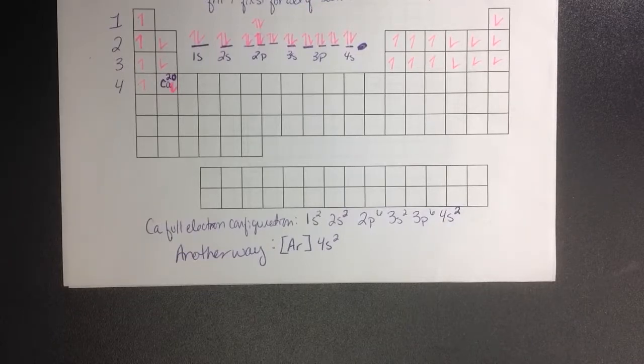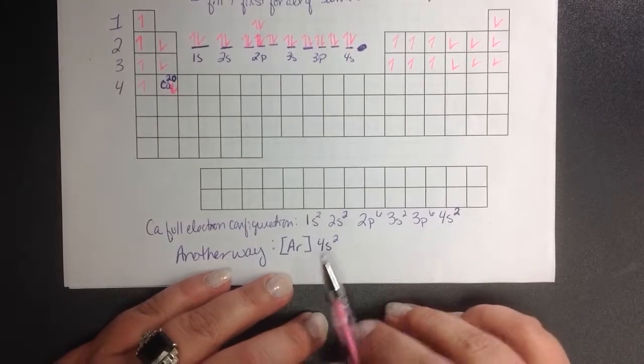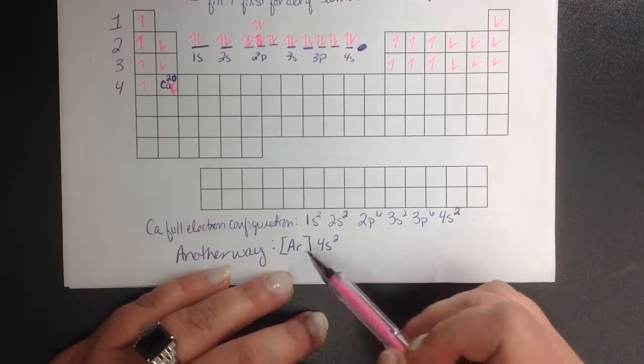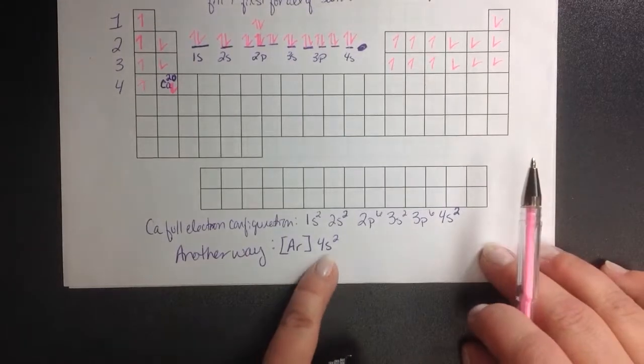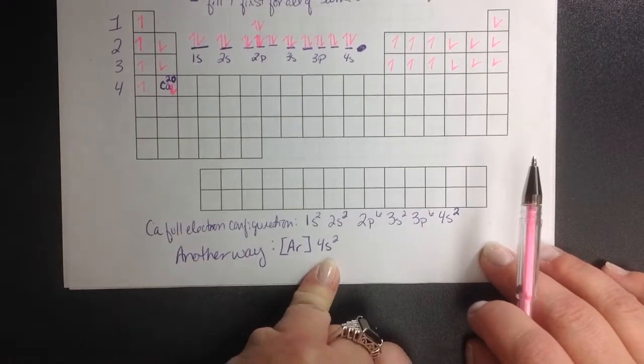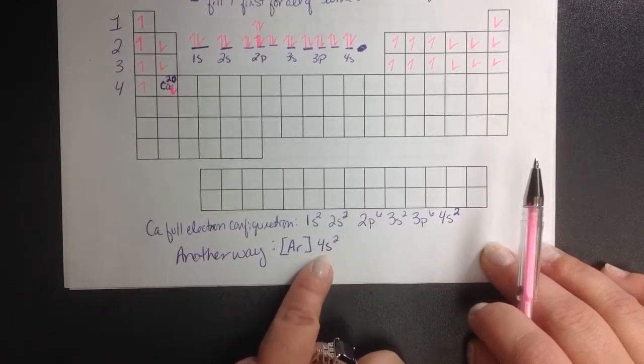Now the last way to represent this is with electron dots, or Lewis dots. This kind of gives us a little preview, because see how this is Ar? Everything is complete up to that point. I look at the ones that have the number 4, and then I count up how many electrons are there. There's 2.